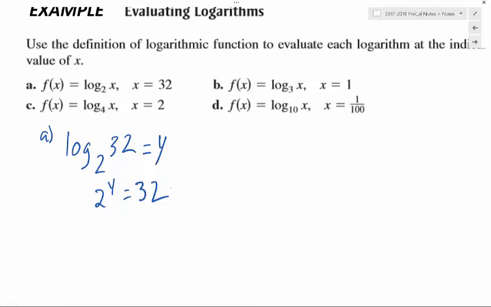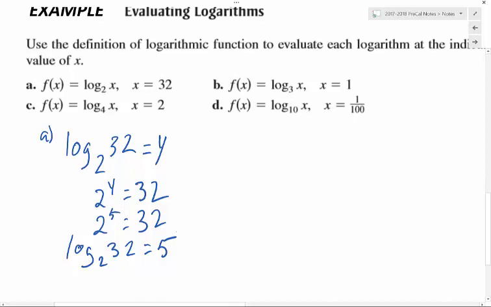Well, I know 2 squared is 4. 2 to the third power is 8. 2 to the fourth power is 16. And 2 to the fifth power is equal to 32. So therefore, log base 2 of 32, not 33, equals 5, because 2 to the fifth power equals 32.